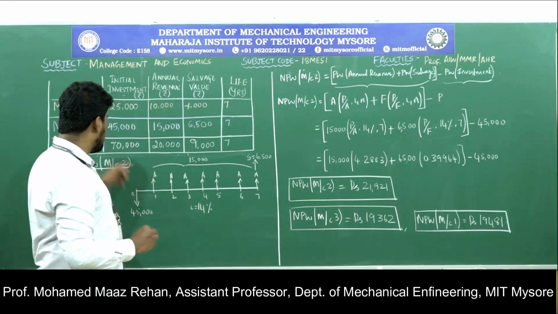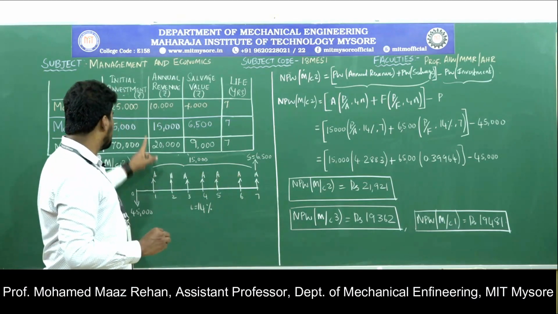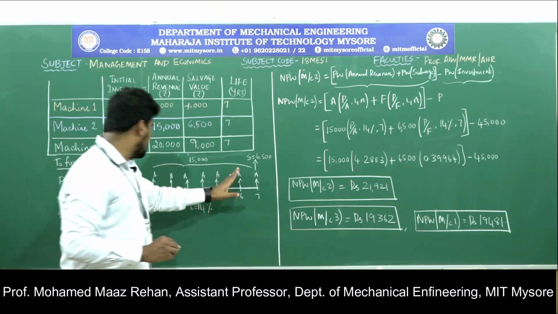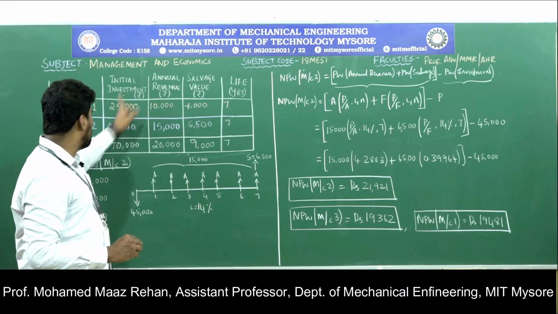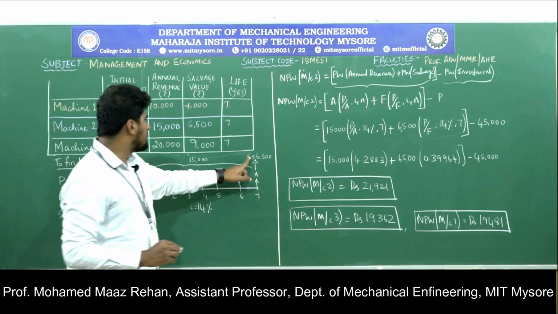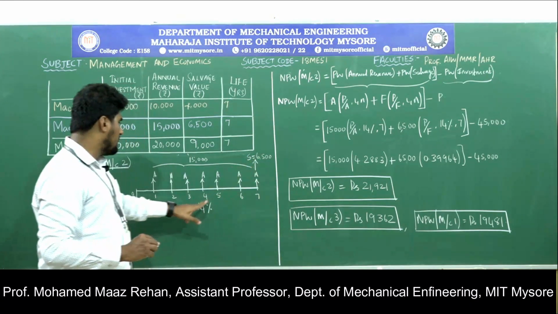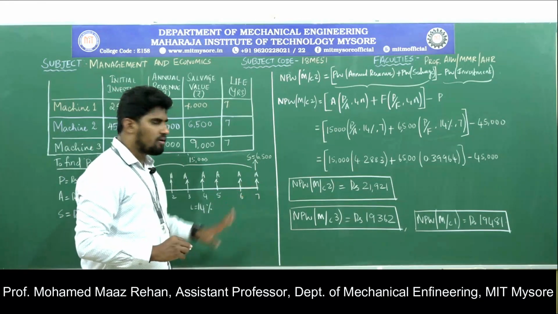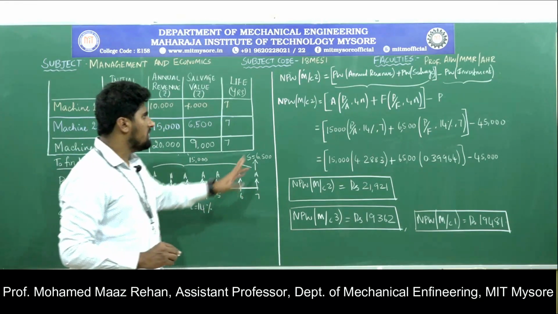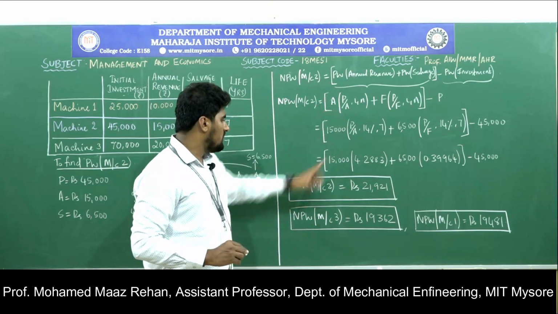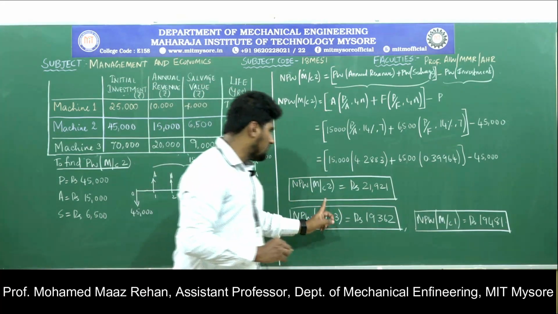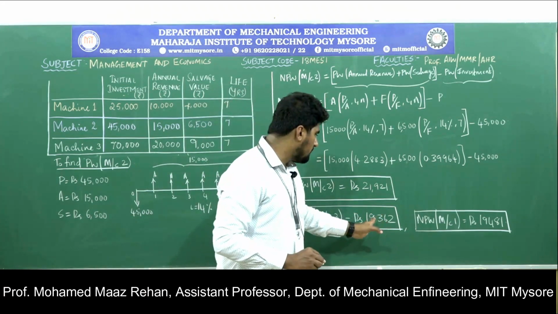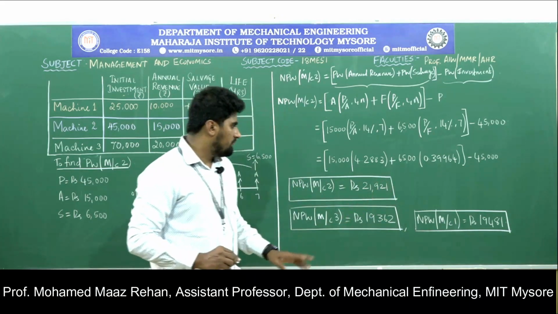So for machine 3, A will change here, annual revenue will be 20,000 and initial investment will be 70,000. Salvage value will be 9,000. Interest rate will remain same. Number of interest periods will also remain same. You just need to substitute here. You will get net present worth for machine 3 as rupees 19,362.